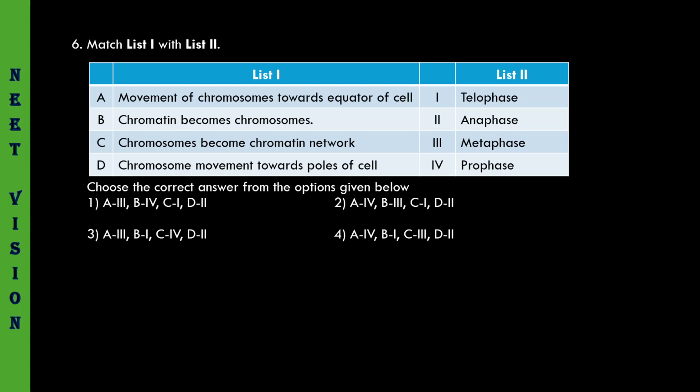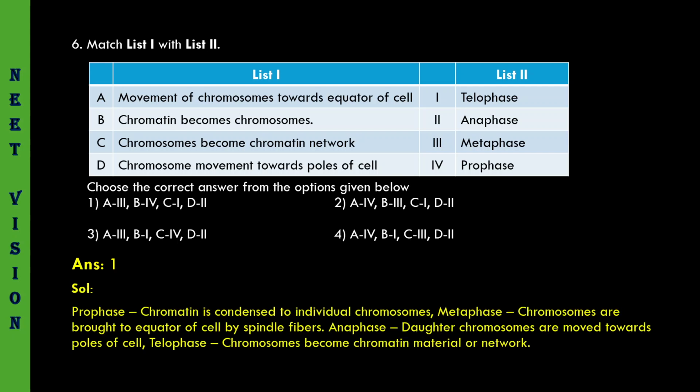Chromosomes movement towards poles of the cell occurs in anaphase. D2. So the first option must be the correct one, that is A3, B4, C1, D2. Let us see the answer. Answer 1. Here is the explanation. You can have a look at it.